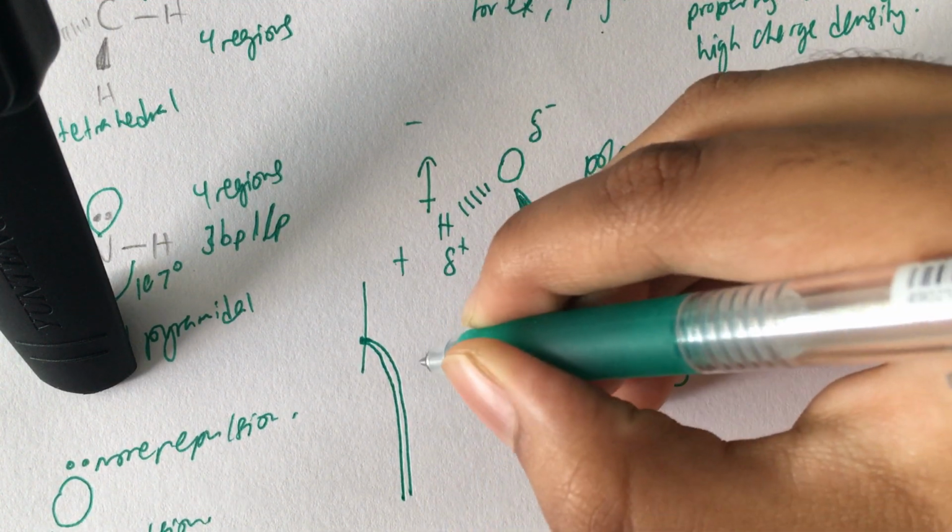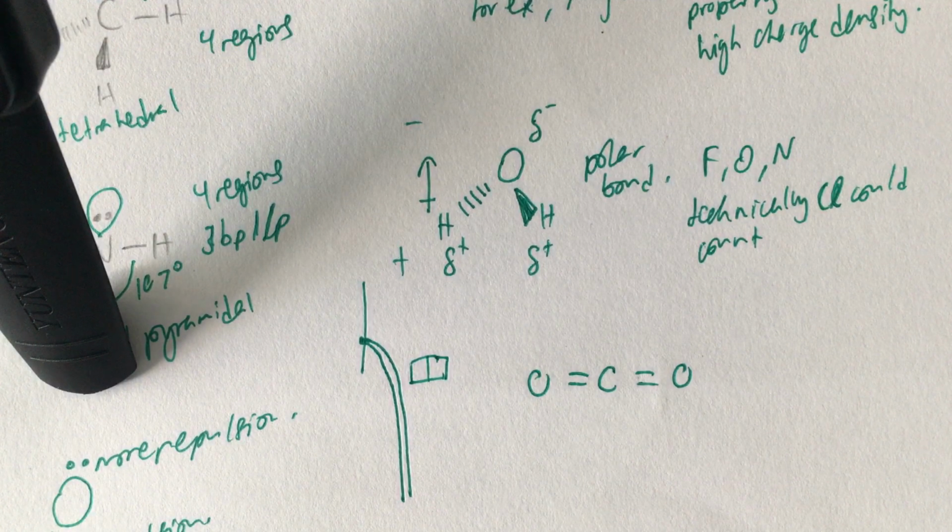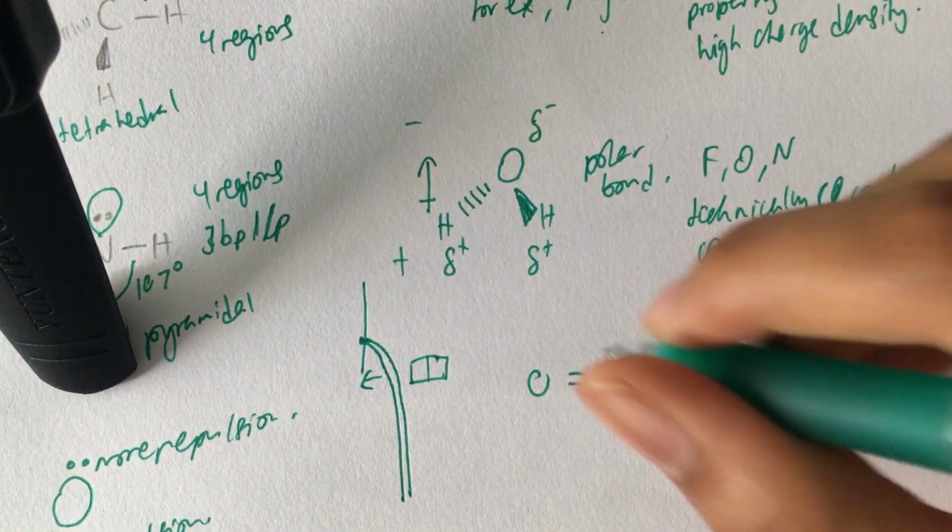Likewise you can do that with other molecules and see which ones actually have a net polarity in one direction. For example, carbon dioxide isn't polar because the molecule is linear.